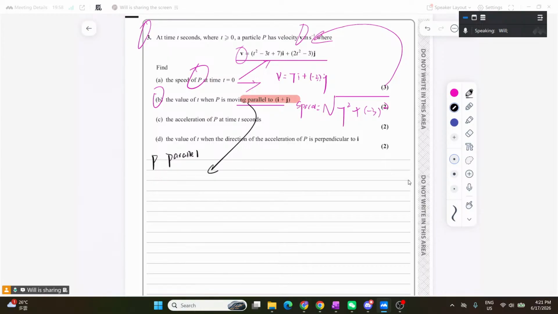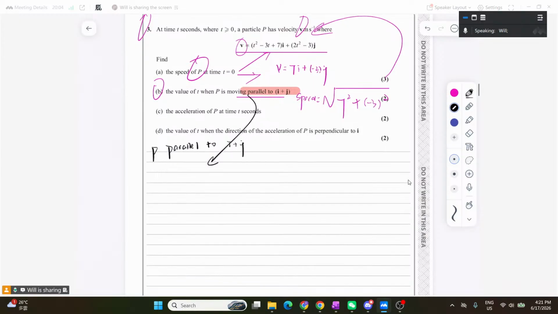P is parallel to the i plus j line, which means the parallel vectors have equal components.